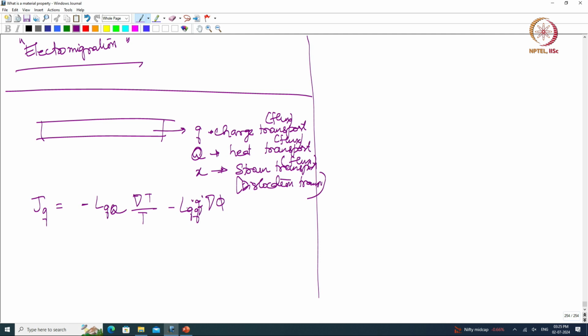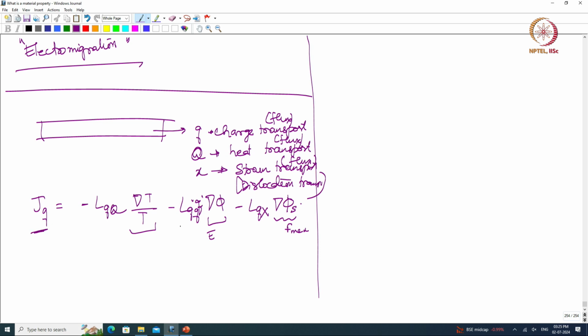So, actually del mu_E, but that is the same as q del phi, minus L_qX gradient of strain potential, stress potential, right. So, that is just the force, right. So, mechanical force, this is the electric field, this is the gradient in temperature. Okay.